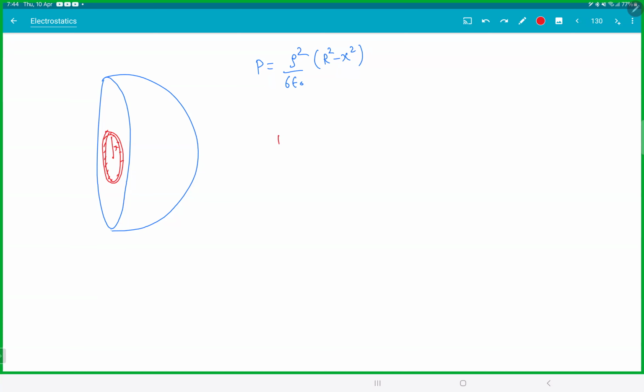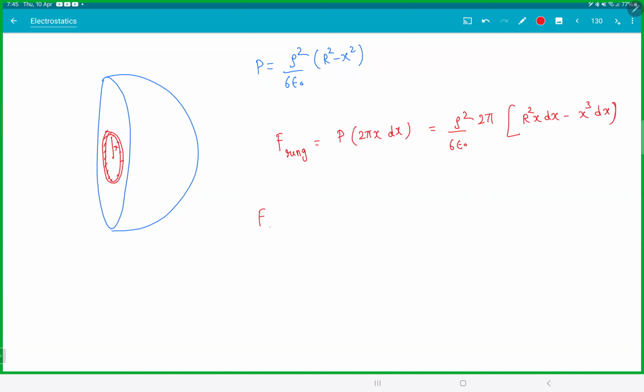Let's see. So force on this strip will be pressure into area, which is 2 pi x dx. Rho square by 6 epsilon, 2 pi, that will be r square x dx minus x cube dx.